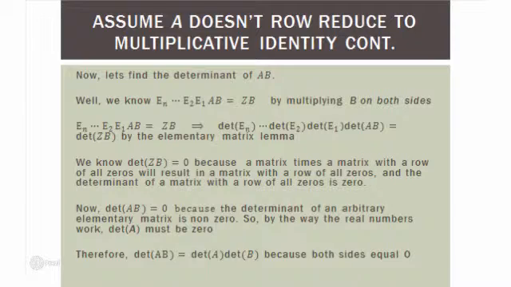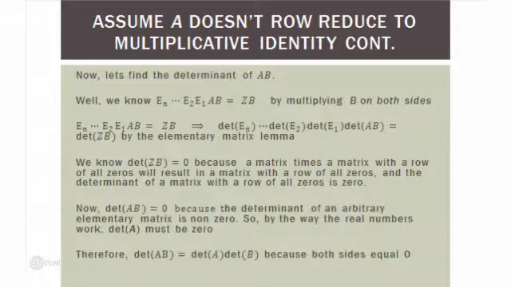So the only new thing here is that if you have a matrix with a row of all zeros and you multiply it by any arbitrary matrix, that matrix will have a row of all zeros. Again, if you don't believe me, you can check that out on your own. So now, the determinant of AB equals 0 because the determinant of an arbitrary elementary matrix is non-zero.